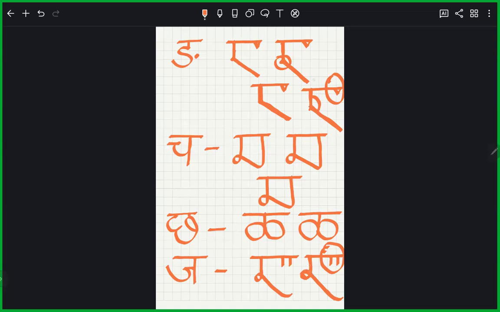In case of Na, we don't have this. We just have these two lines, and there is no rounding. Here there is a rounding. Okay, so this is how we draw Ja.